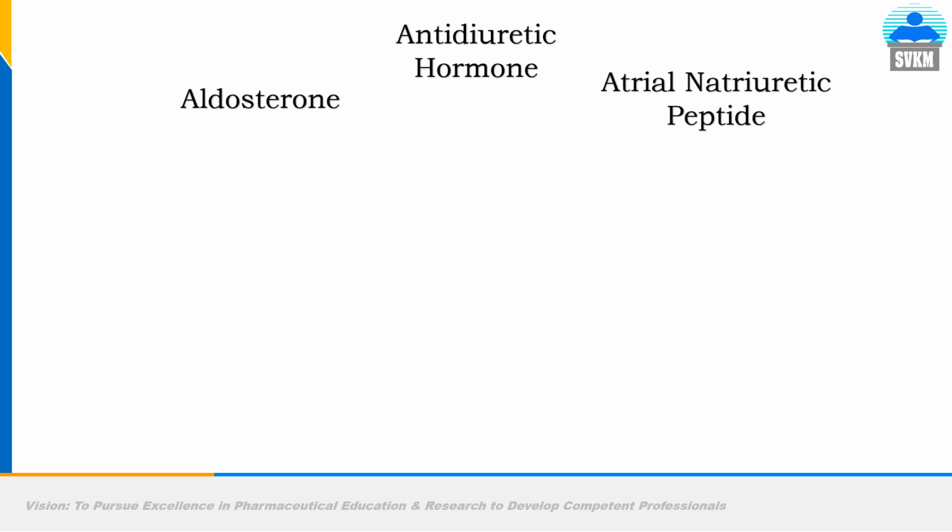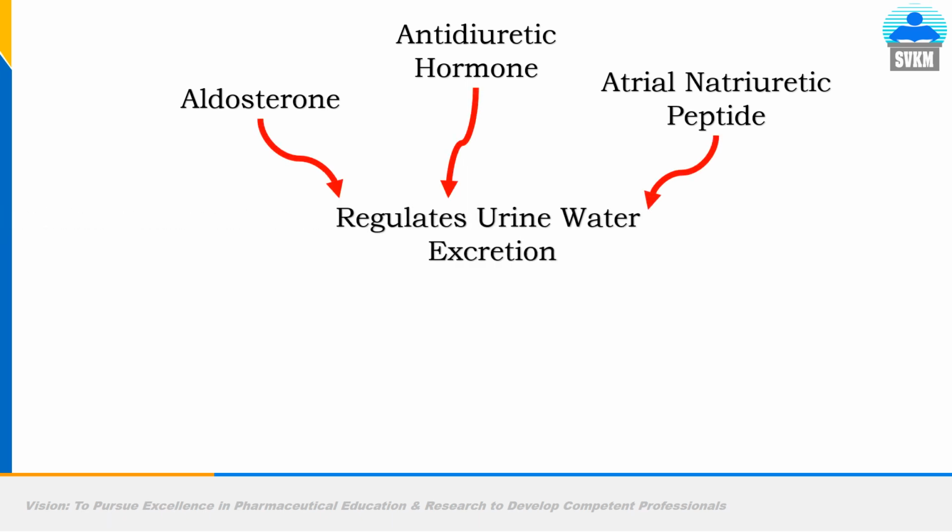Now there are certain hormones, for example aldosterone, the antidiuretic hormone that is vasopressin, and atrial natriuretic peptide. They regulate urine water excretion. These three hormones mainly control how much water has to be excreted from the body through the urinary system, and on that basis the constant blood volume is regulated.